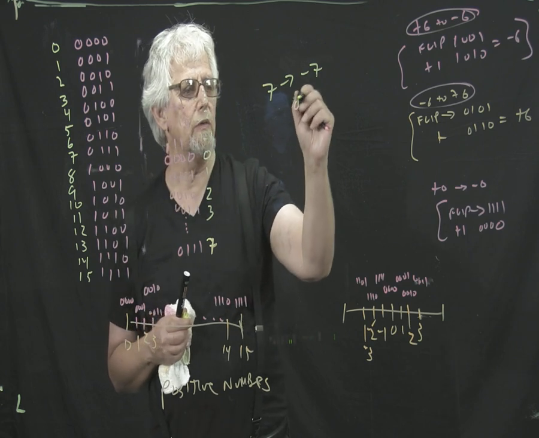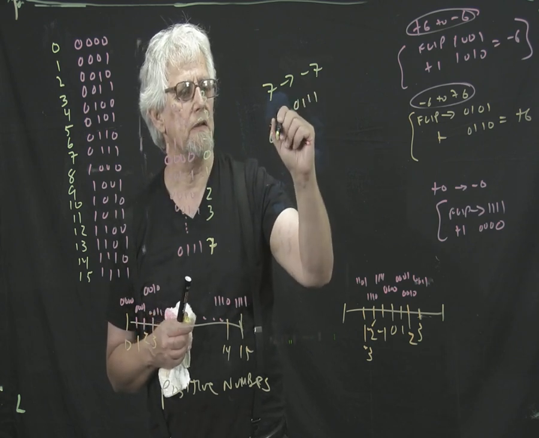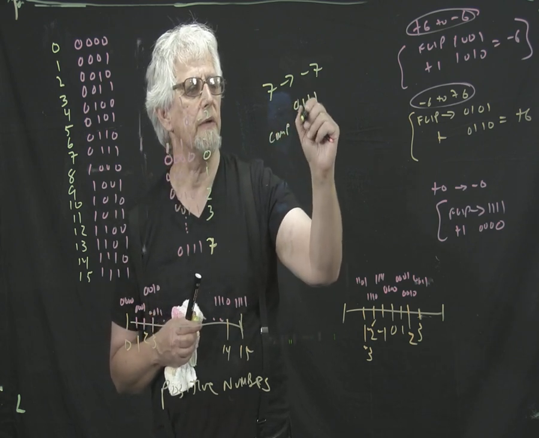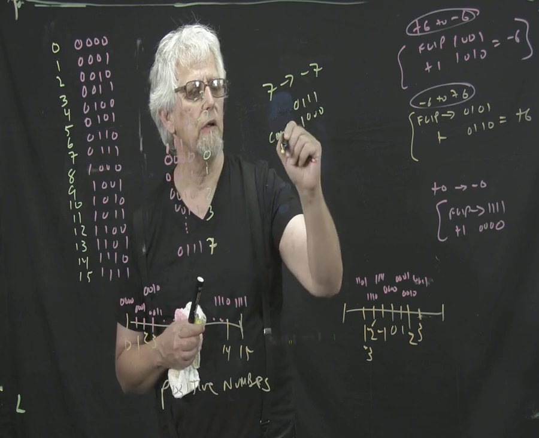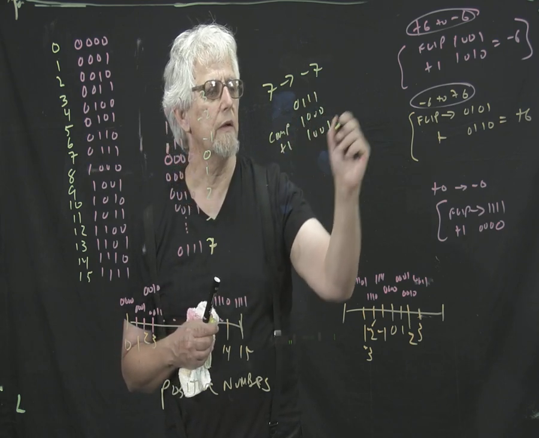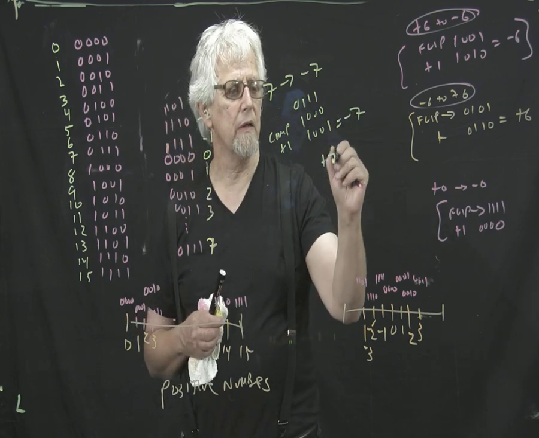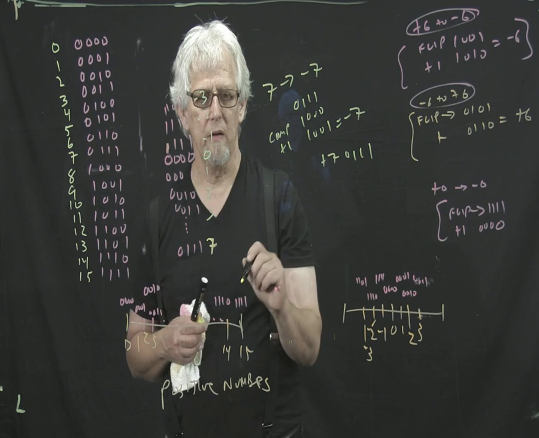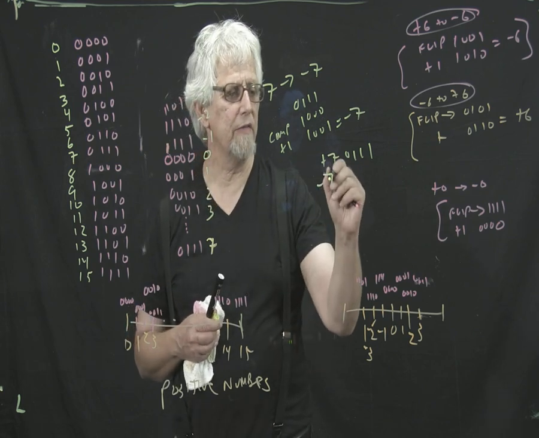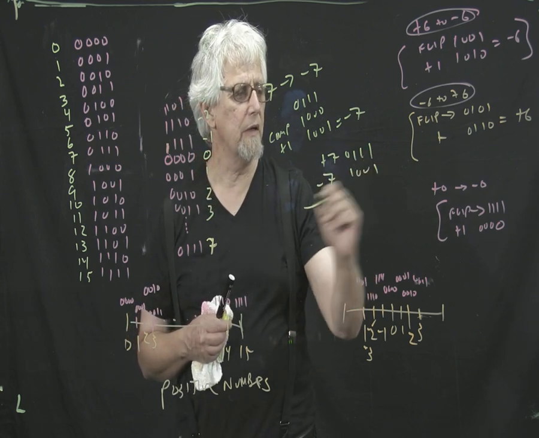So we had 0, 1, 1, 1. Complement, flip it. We get 1, 0, 0, 0. Plus 1, 1, 0, 0, 1. Let's try adding them up. Minus 7 was 1, 0, 0, 1.